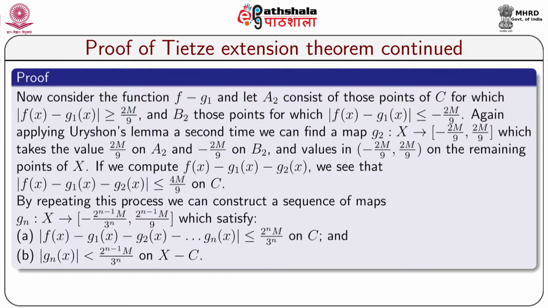Also, g2 maps the rest of X in between minus 2m/9 and 2m/9.